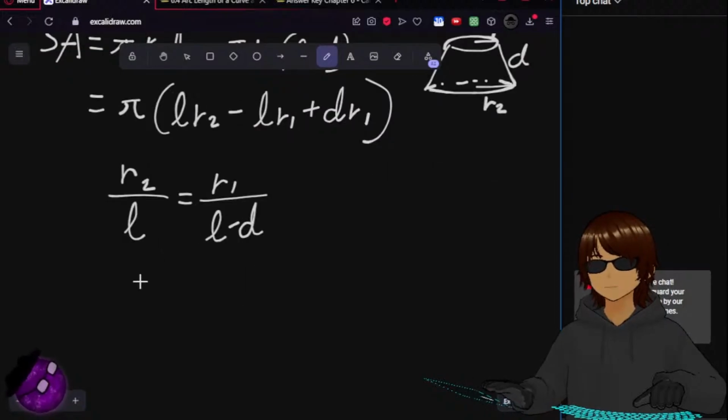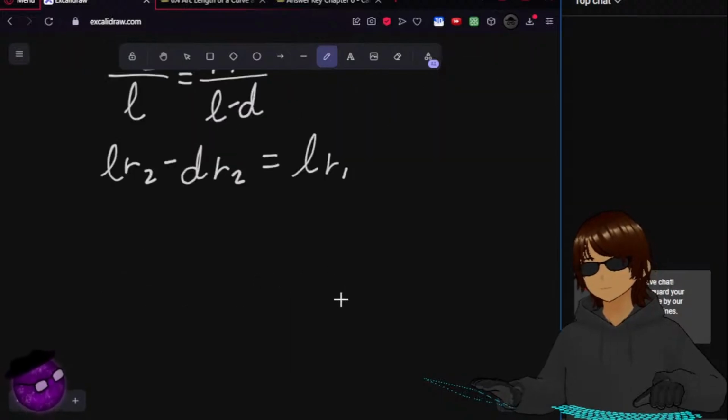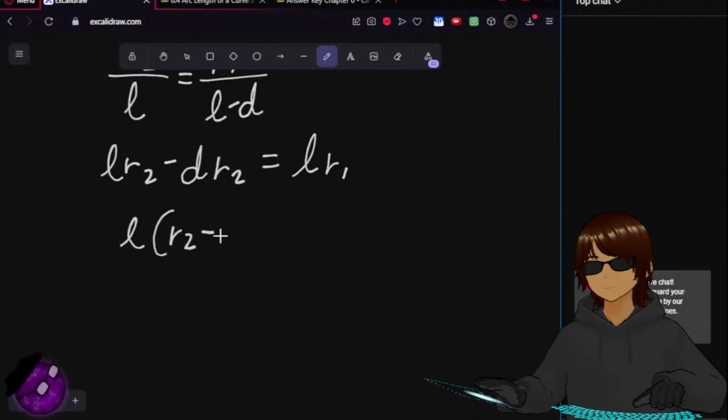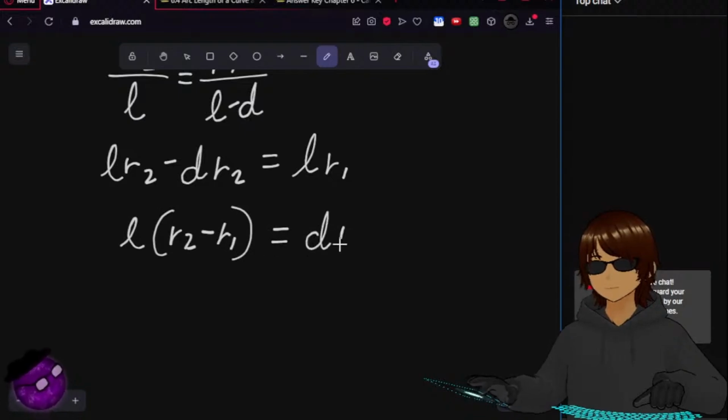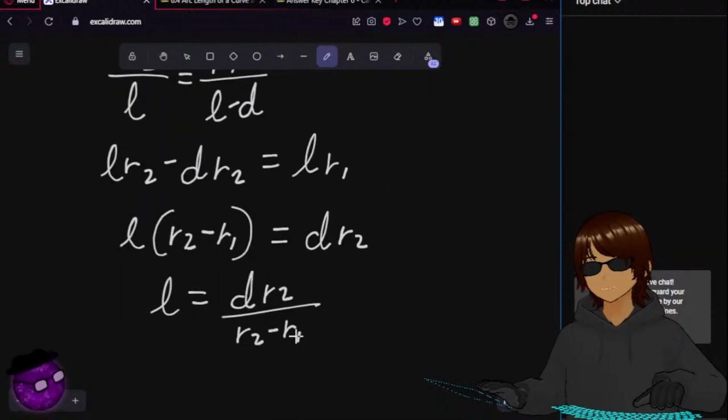Which means, I hope I'm right, L is D times R2 upon R2 minus R1.